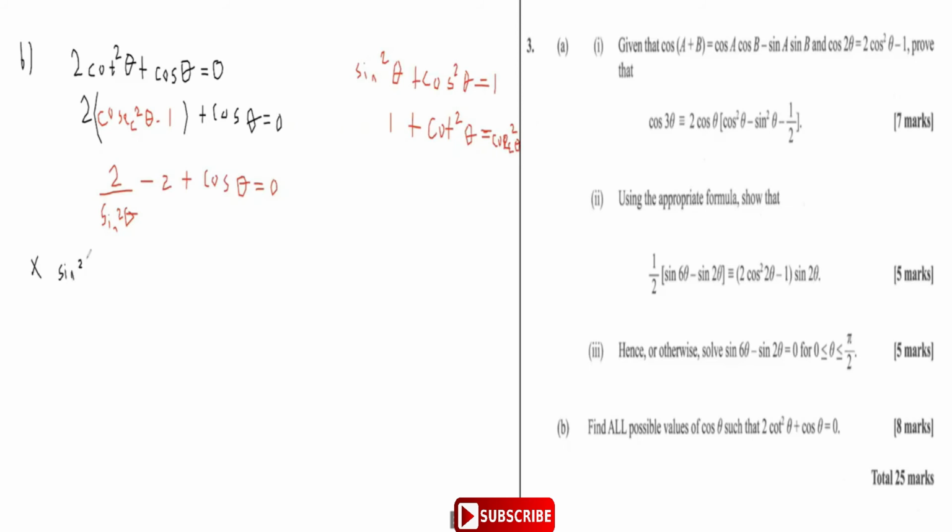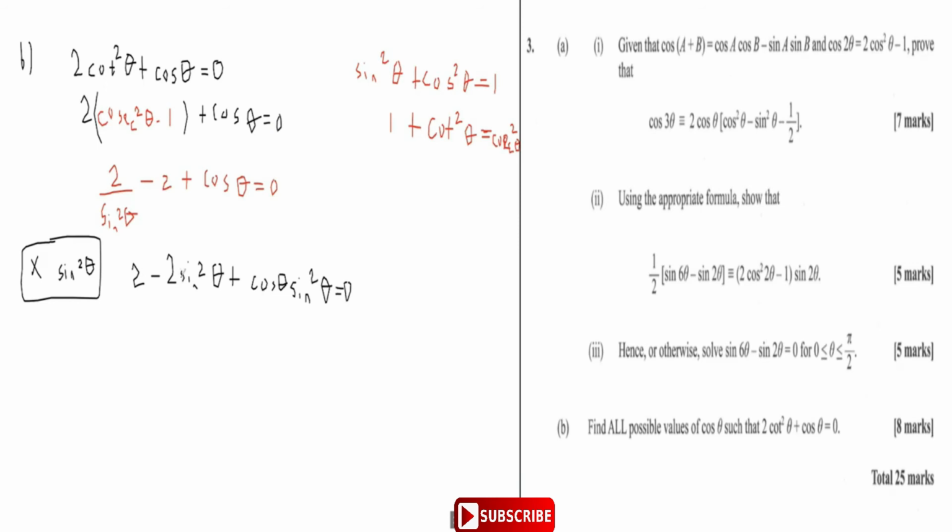If you multiply through by sine squared, the equation becomes 2 minus 2 sine squared theta plus cos theta sine squared theta, and it's still equal to 0, because sine squared theta times 0 is just 0. Anything times 0 is 0. Then what do you do next?